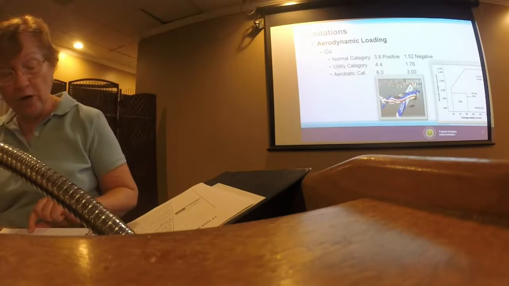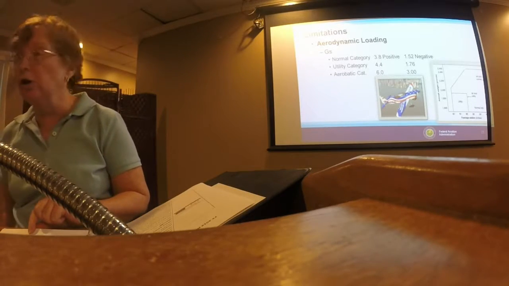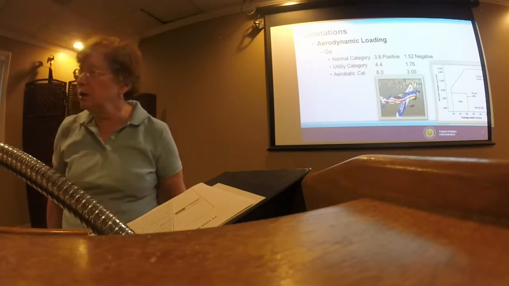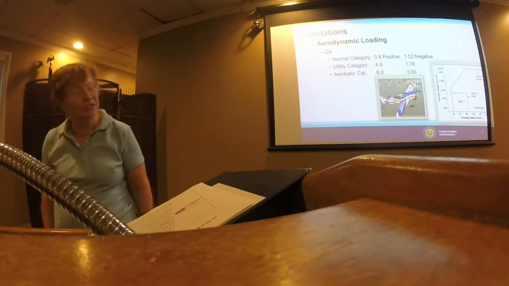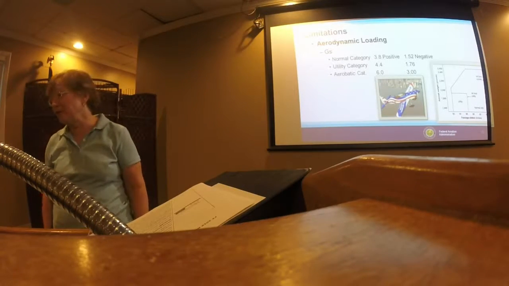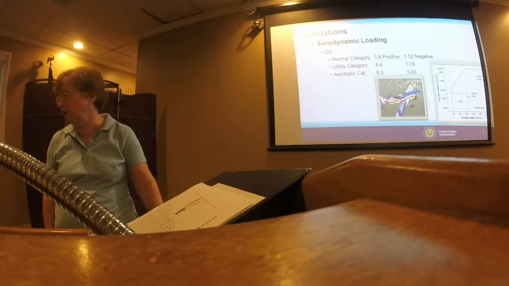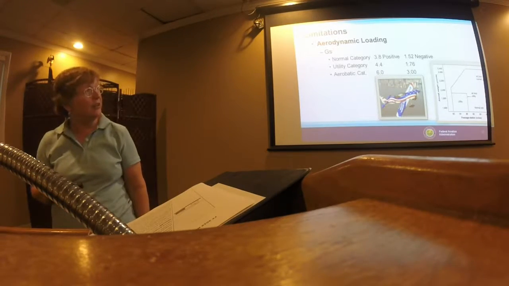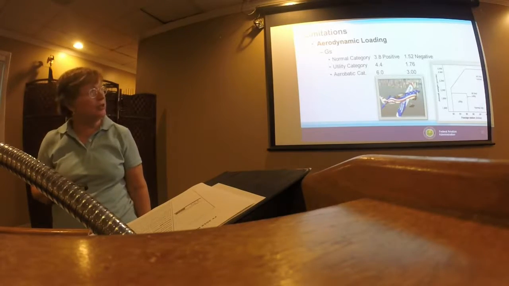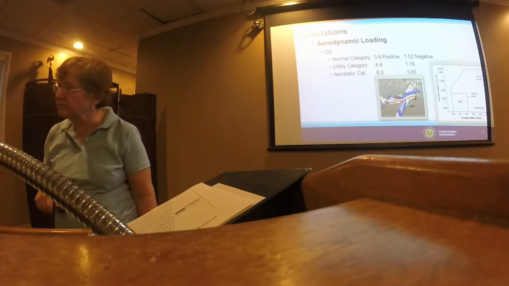Way back in private pilot class, you were forced to learn how much loading each category and class allowed. Most airplanes, most of the ones we fly, are normal category. And there are positive and negative Gs. Some airplanes are utility category.